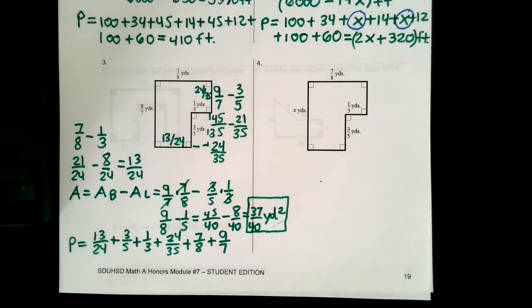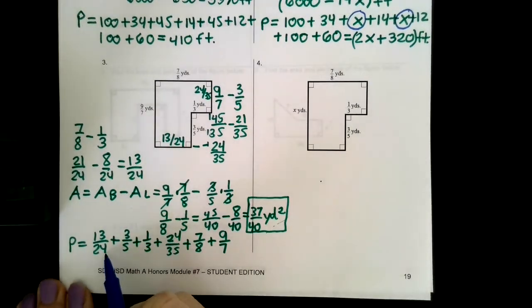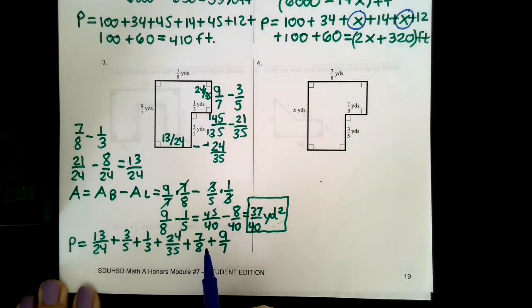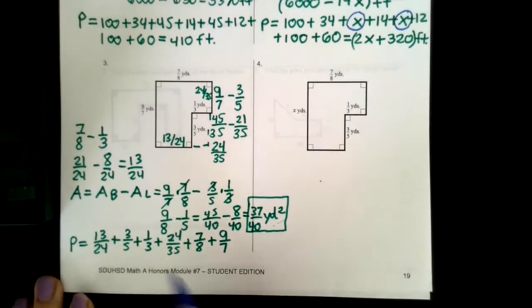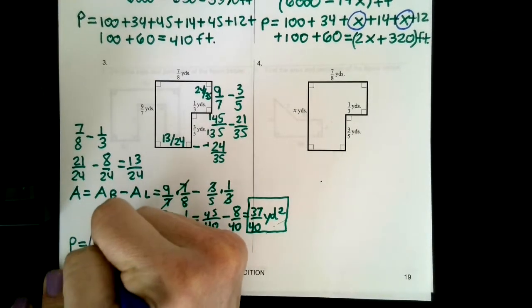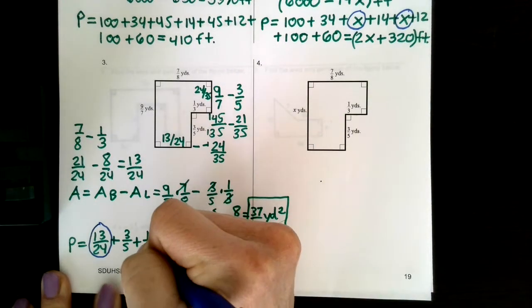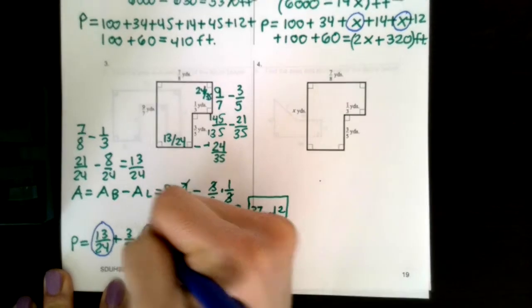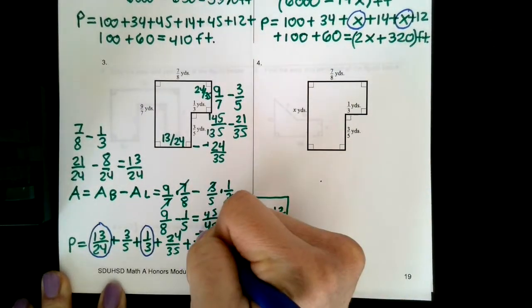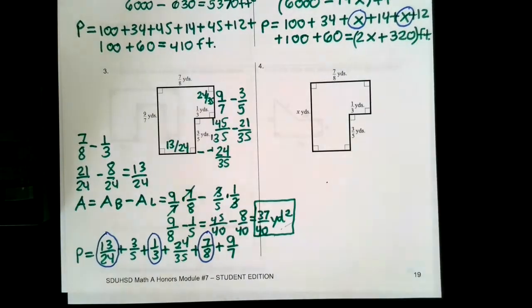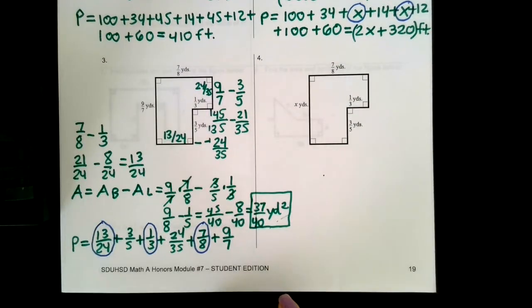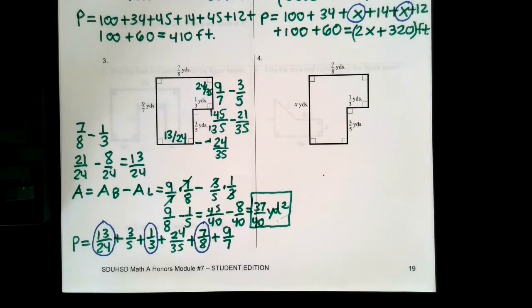denominators. If I take a look at this denominator 24, I'm looking at all these other denominators to see if maybe there's one denominator that can go into 24. So I'm going to use the 13/24ths, the 1/3, and the 7/8, because I notice that all three of those could have a common denominator of 24.